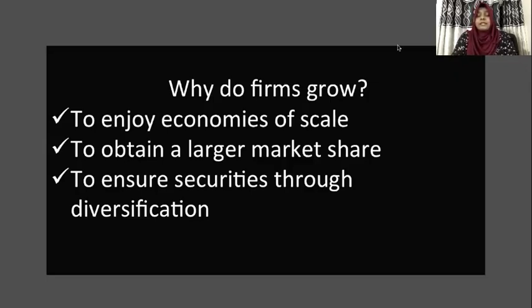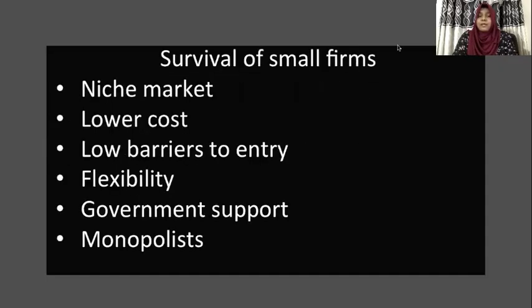We also need to understand that even though large firms are successful in most cases, there are situations where small firms are also successful. One of the reasons for the survival of small firms could be niche markets.